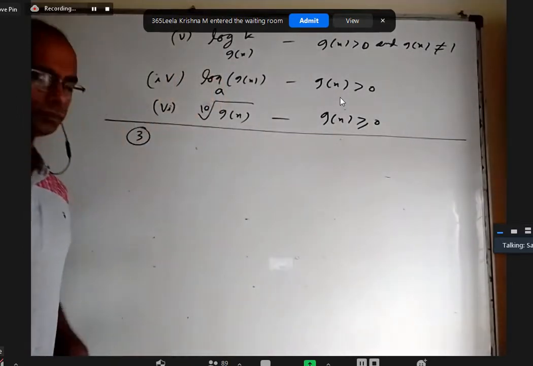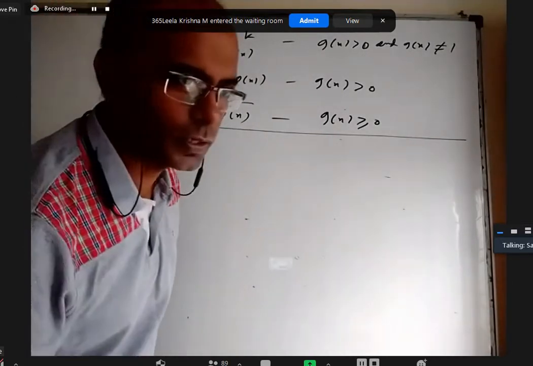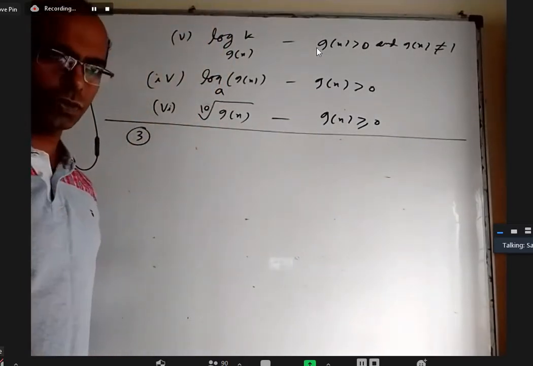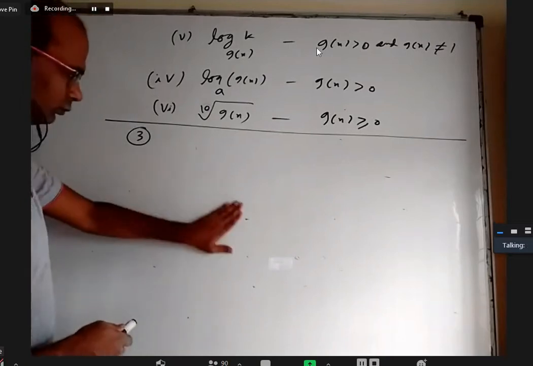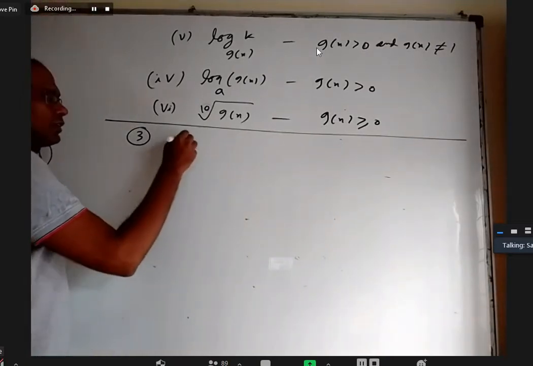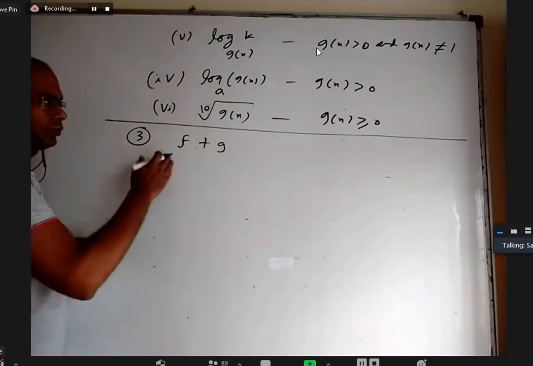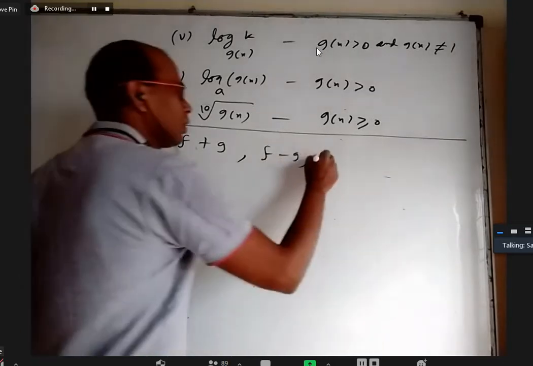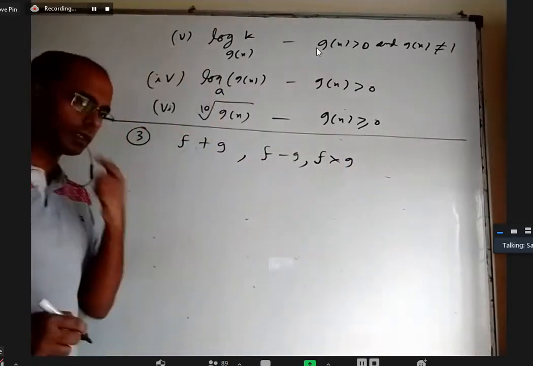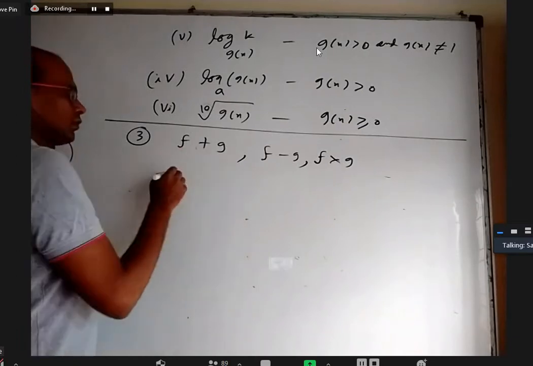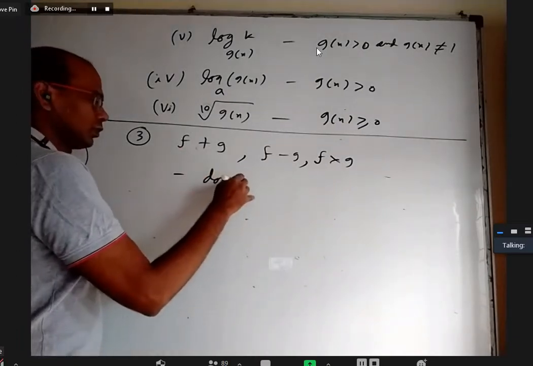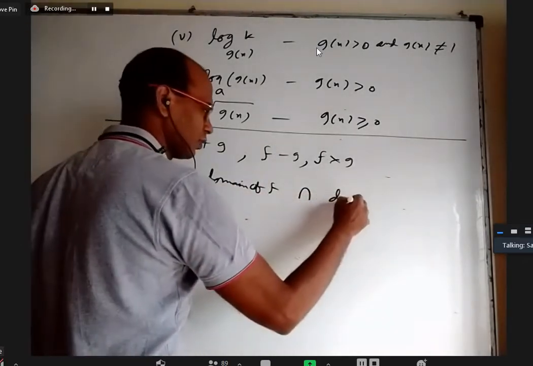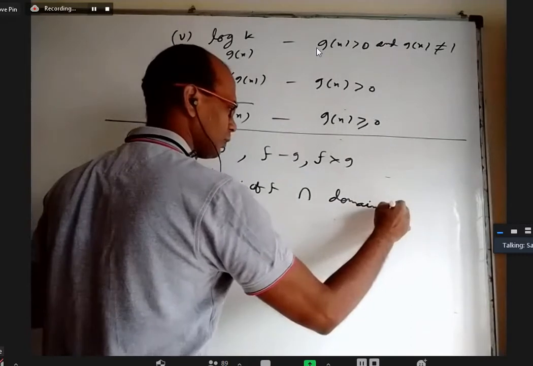We are basically saying all these are simple common sense points to understand when a particular expression is defined and when it is not defined. So whenever you have f plus g, one function plus another function, or f minus g, or even f into g, you want to multiply them, for all of them you have to take the domain of f intersection the domain of g.